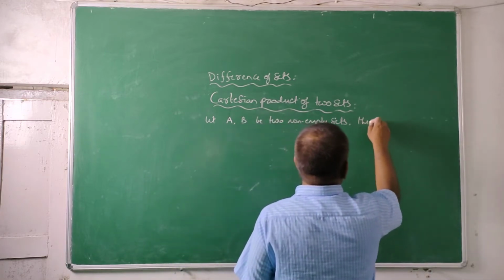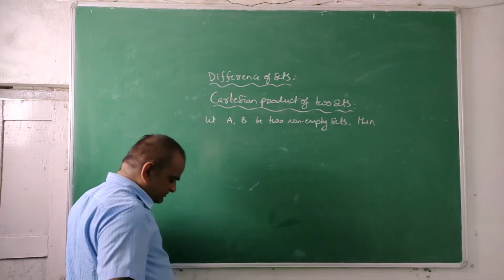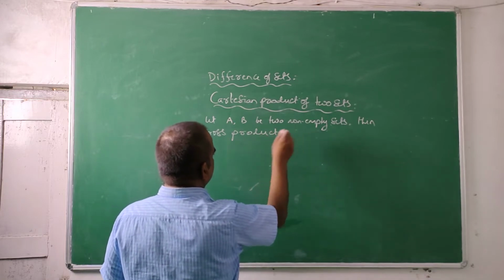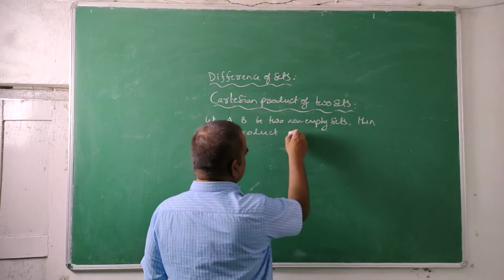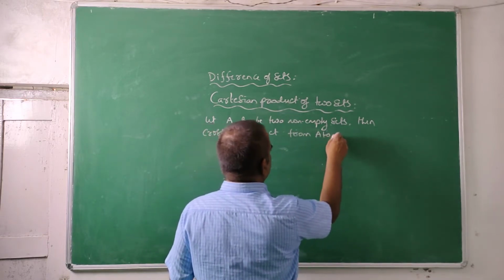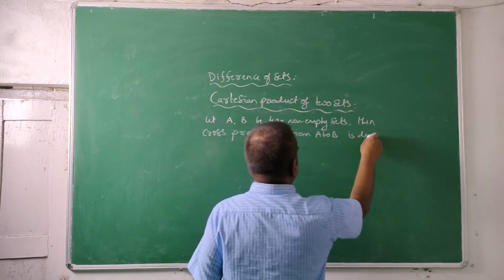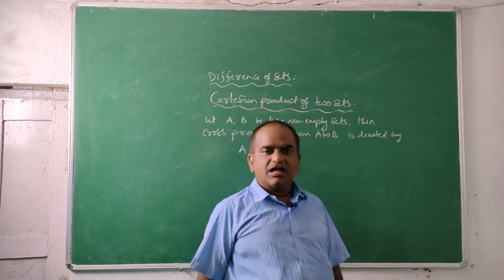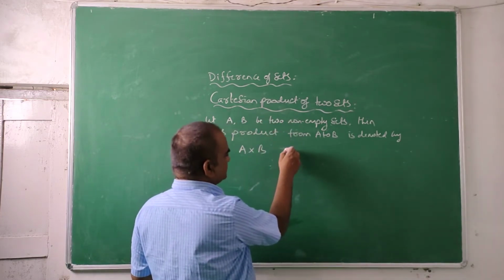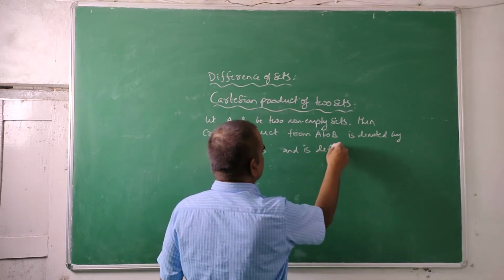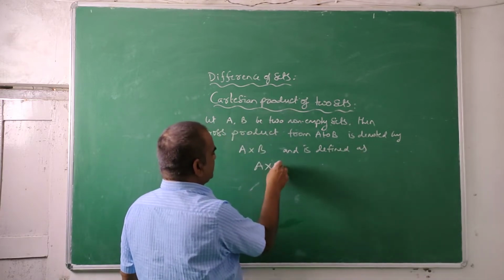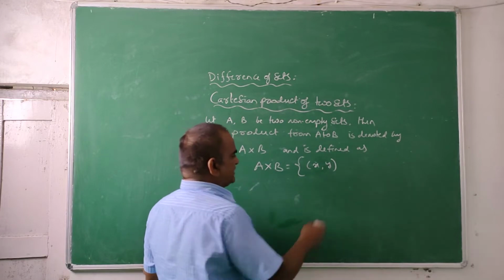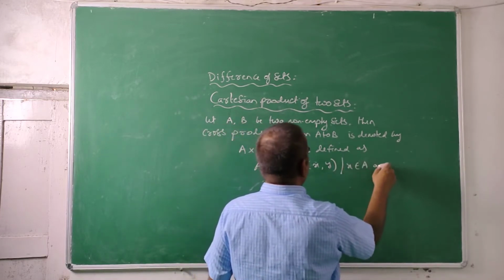Then their Cartesian product, or simply cross product, from A to B is denoted by A cross B. And it is defined as A cross B is equal to the set of all ordered pairs x comma y such that x belongs to A and y belongs to B.